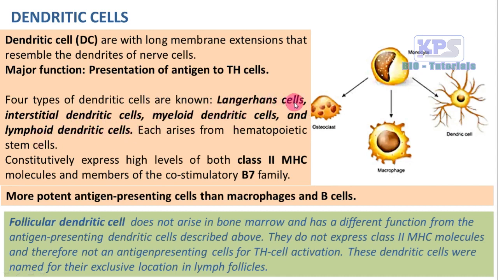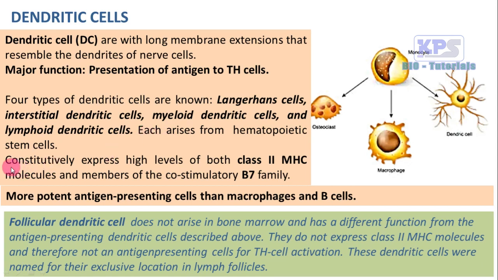Langerhans cells are present in our skin, interstitial cells are present in the interstitium, myeloid dendritic cells are derived from myeloid cells, and lymphoid dendritic cells are present in the lymphoid organs. All these cells arise from hematopoietic stem cells.